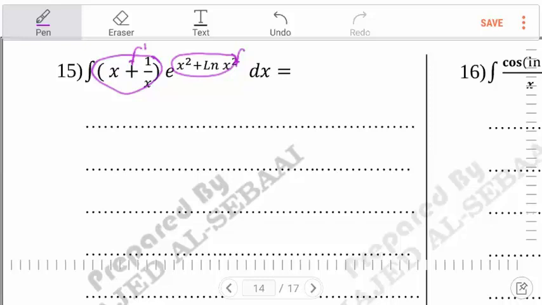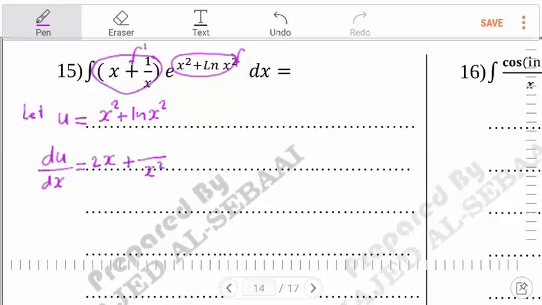So you will say let u equal x squared plus ln x squared. Okay? What is du over dx? It is 2x, right? Differentiate this. It will be plus, what is the differentiation of ln?